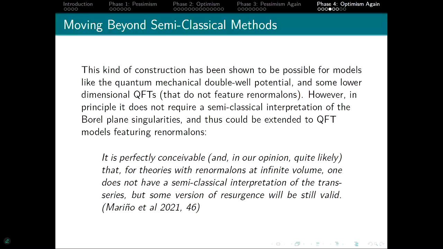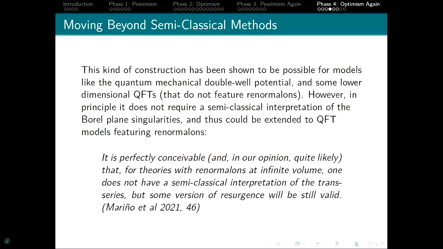For instance, the quantum mechanical double well potential. Actually, sorry, the double well potential is more important because it has singularities on the positive axis of its Borel transform. This is the kind of case they're really interested in: can we reconstruct the non-perturbative physics using those singularities themselves?